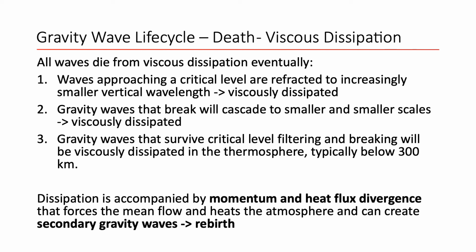It's also key to note that dissipation is accompanied by the momentum and heat flux divergence, or the deposition of the energy and momentum, and this can create mean flow forcing and heating or cooling of the atmosphere, and it can also, as a third process, generate secondary gravity waves.